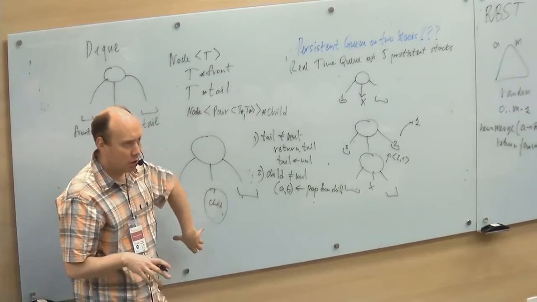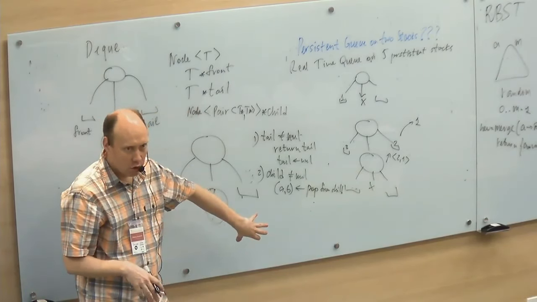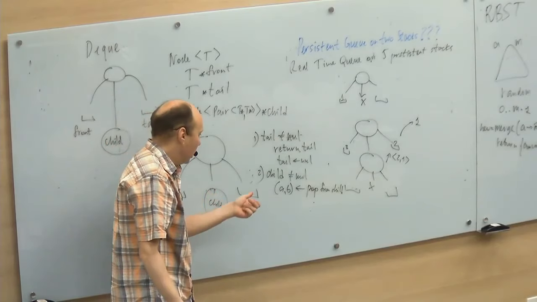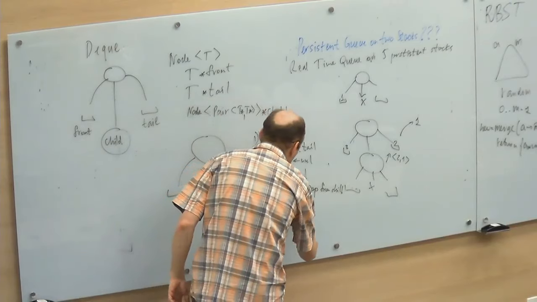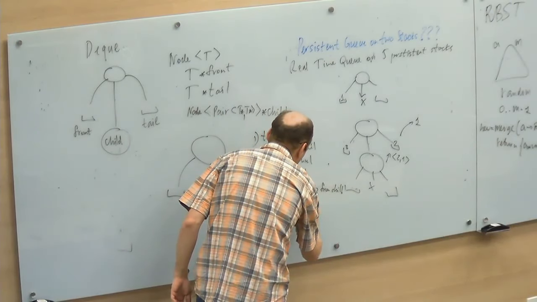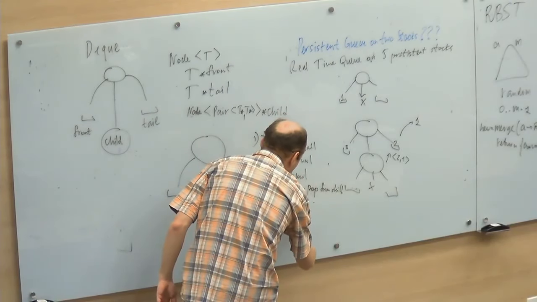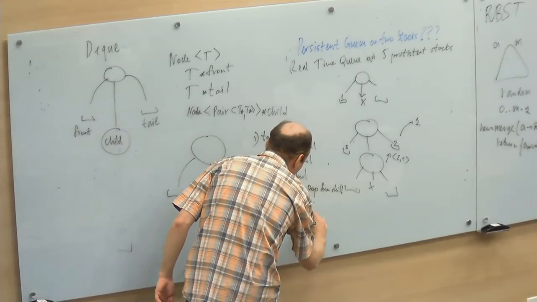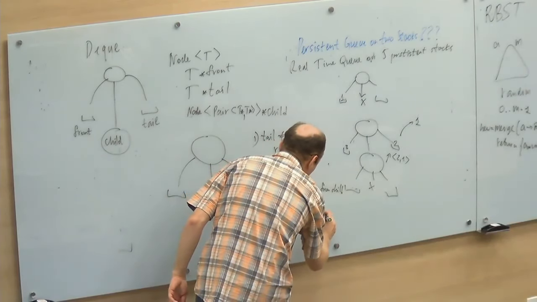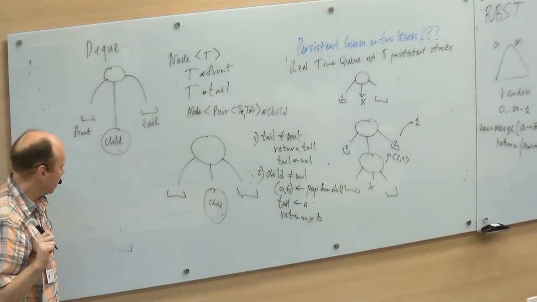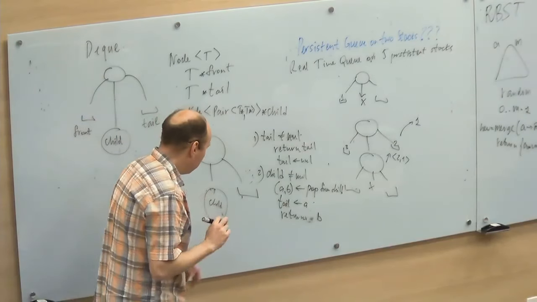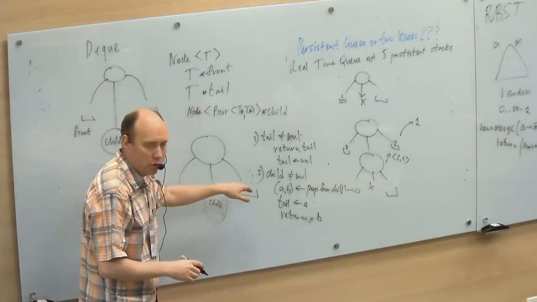Because the child contains pairs. So this pair, A, the first element, goes to the buffer, tail is set to A, and B is returned. So we keep the order of our elements.